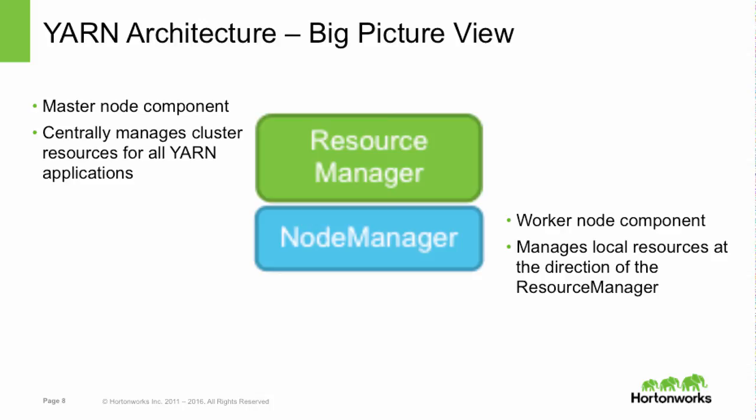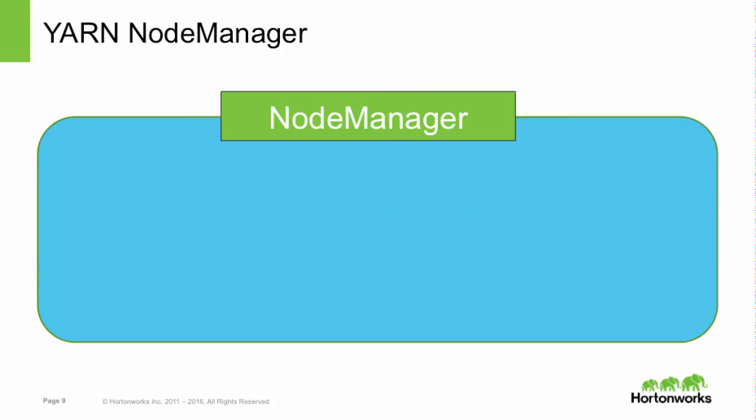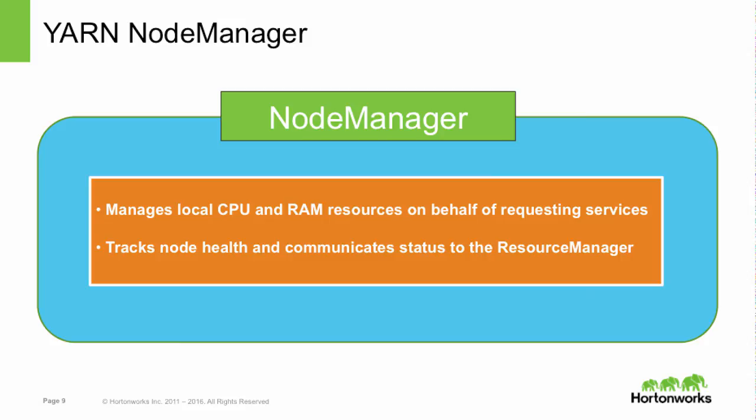So the resource manager is the one that is asked for resources, as it sounds, and it interacts with many node managers, and node managers are the workers themselves that decide what can be shared, when, where, why. So we'll focus on the node manager for a moment in time.